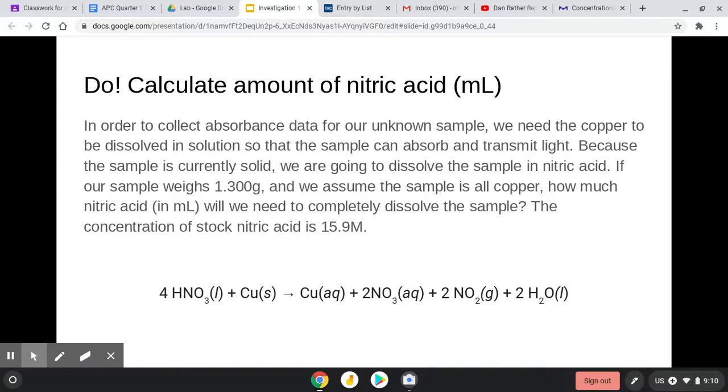And so our spectrophotometer can't read that, because what our spec reads is the amount of light that is transmitted. So a solid's not going to transmit any light. We can't put a solid in there. So we have to dissolve our sample, and we're going to dissolve our brass sample in nitric acid. You can see the reaction for that down here at the bottom.